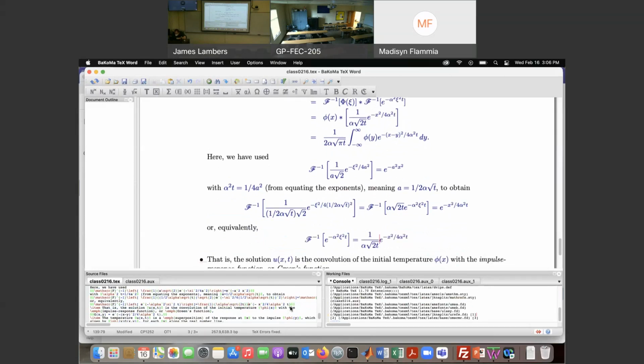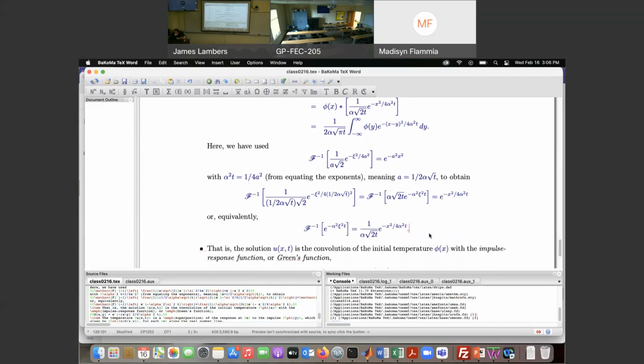This fleshes out a little more carefully, clearly, what happened here. This is the transform I needed, and all this work up here helped me figure out what that is.